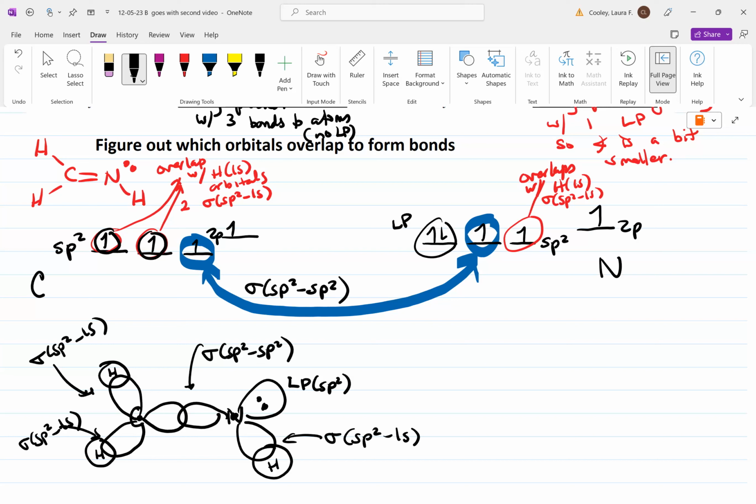And again, the overlap region here is along the internuclear axis for all of the ones I've done so far. So they're all sigma bonds.